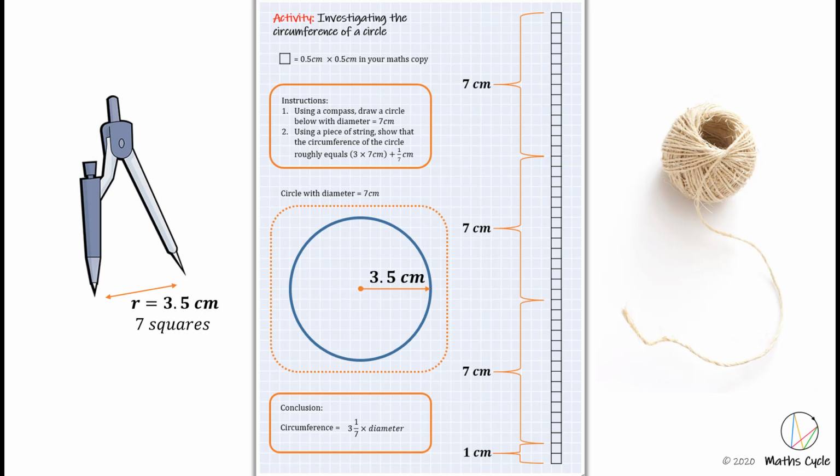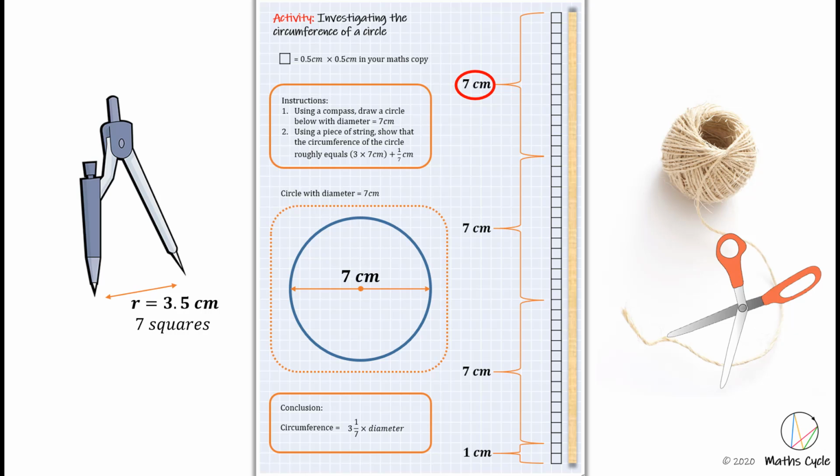Okay, so now we have our diameter, that is 7 centimeters. Next, what I want you to do is get some string and cut a length that is 22 centimeters long, as shown here. And remember, 22 centimeters long will be 44 squares in your copy. Now this 22 centimeter length of string will represent 3 groups of 7 centimeters, which means that's 3 diameters.